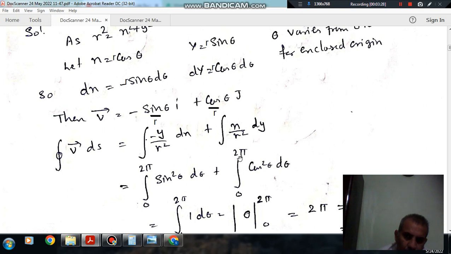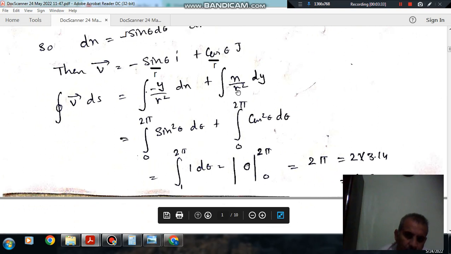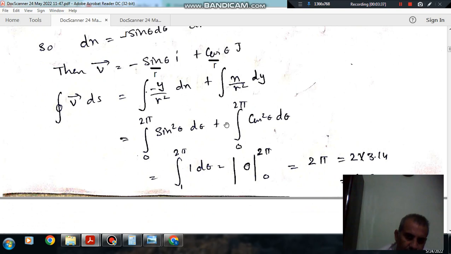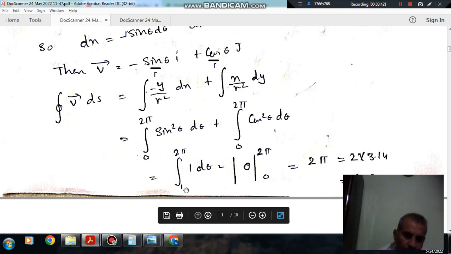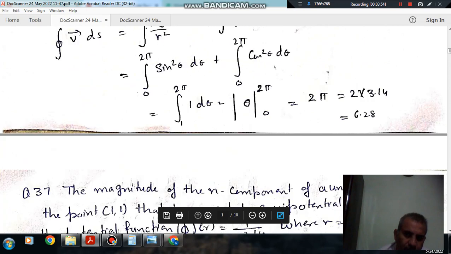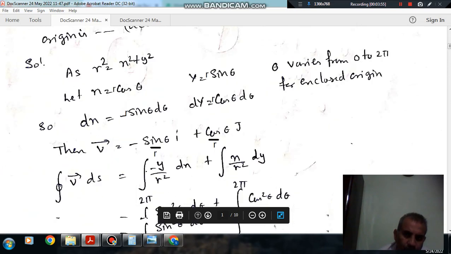Now we can combine this as a common statement: sin square theta plus cos square theta is 1, varying from 0 to 2 pi. Putting in the limit, that will be 2 pi. So the answer is 6.2.